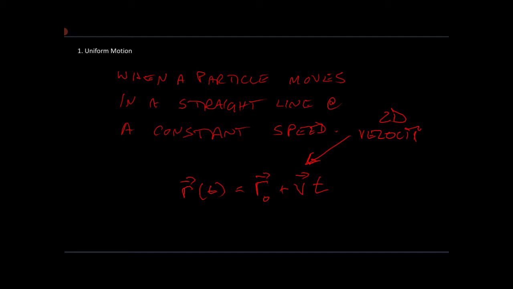That's why it has the arrow. We have the current time, and we have the initial position. And we can put all these together, as long as there's no acceleration, and find the current position.